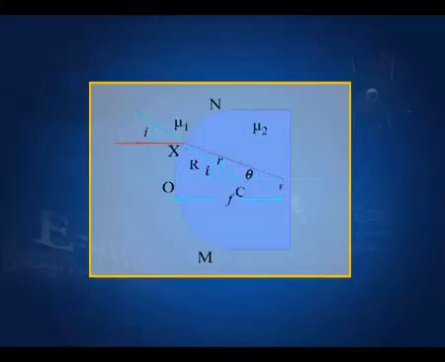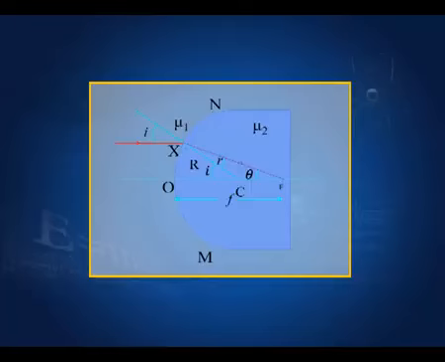Now, having done mirrors, I think we are going now towards lenses, and the first thing is to see how the rays get refracted at a surface between the two media of refractive indices mu 1 and mu 2.